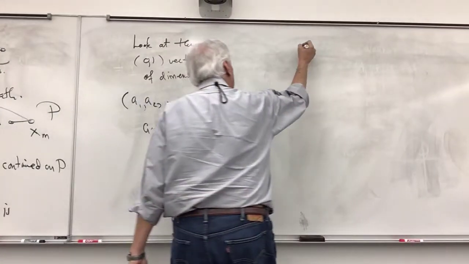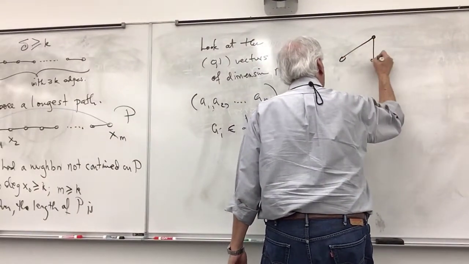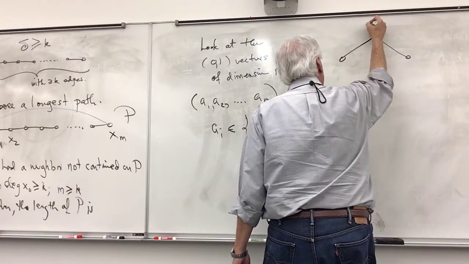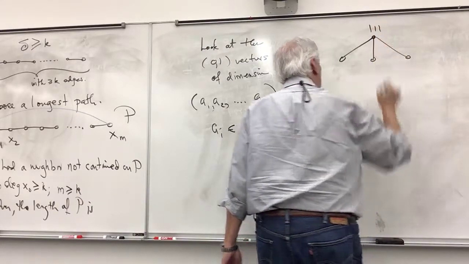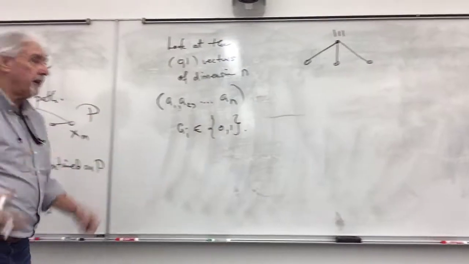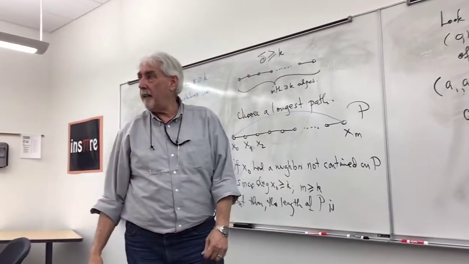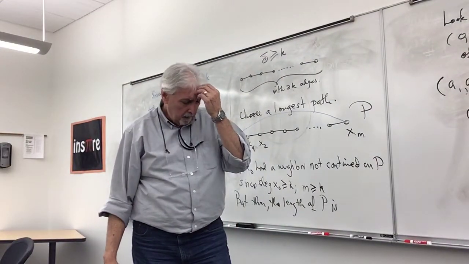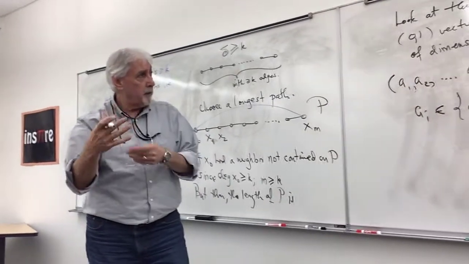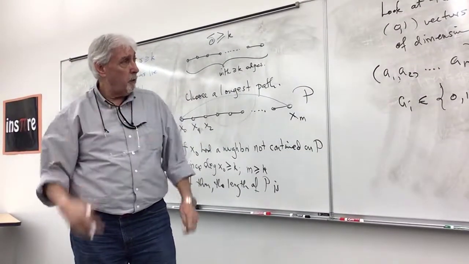So, and we've drawn this graph before. Let me label this vertex 1, 1, 1. And I'm going to suppress the parentheses and commas. So my entries are 0, 1.